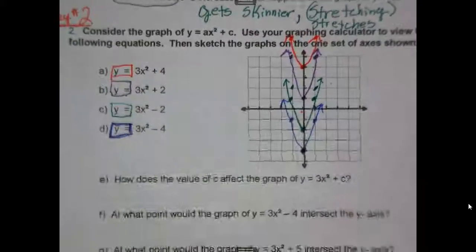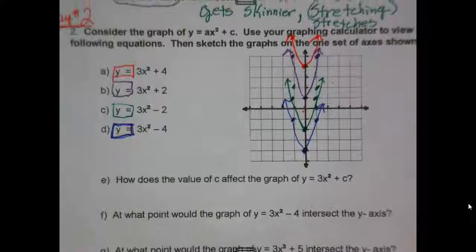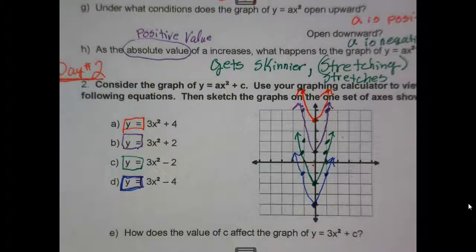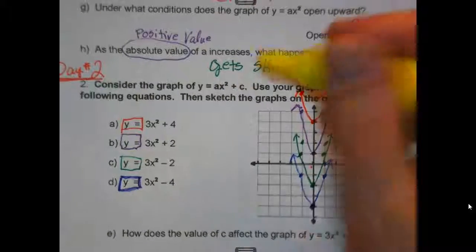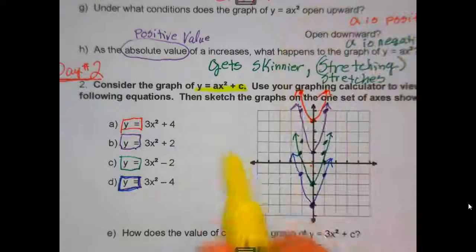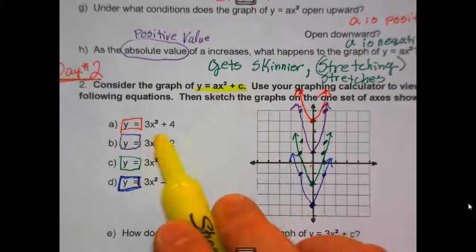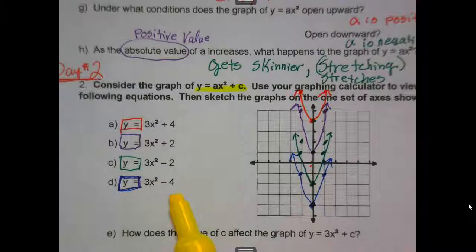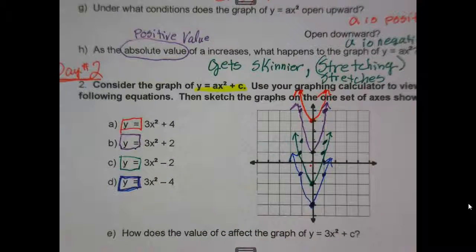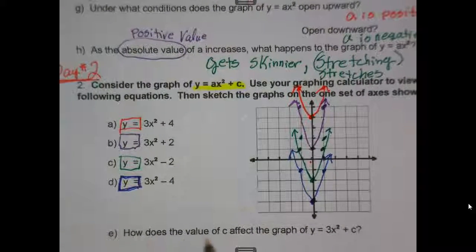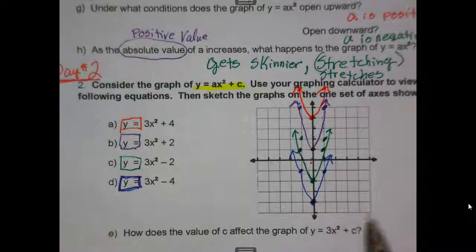And let's answer the questions. Now, remember, what we're doing here is we're adding c to our y equals ax squared. See how we're just adding the c? +4, +2, -2, -4. These are our c's here. Okay, how does the value of c affect the graph of 3x squared plus c?